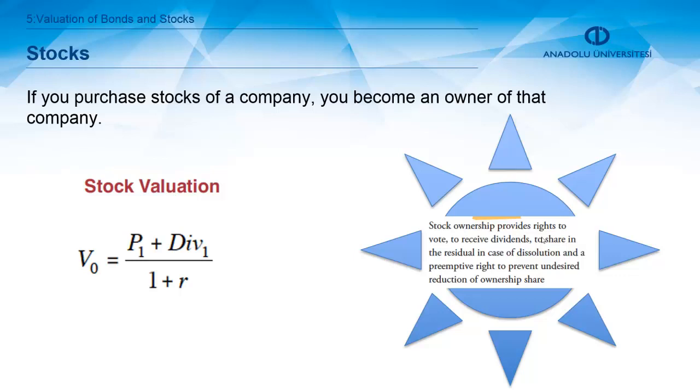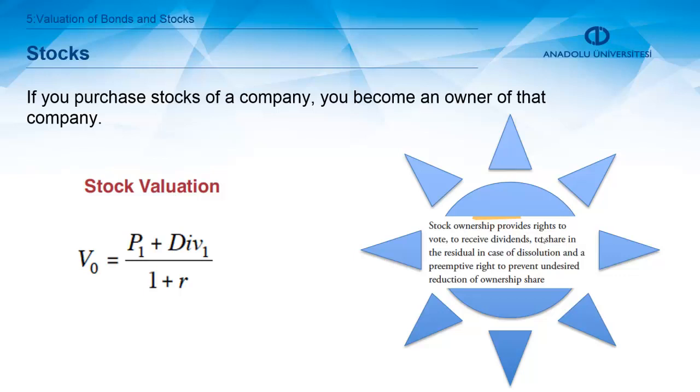On the other hand, if on the selling date of your stock the price is $2, then $1 is your capital loss. So this capital gain or loss and dividends are discounted at a rate that is your expected rate of return from this investment.